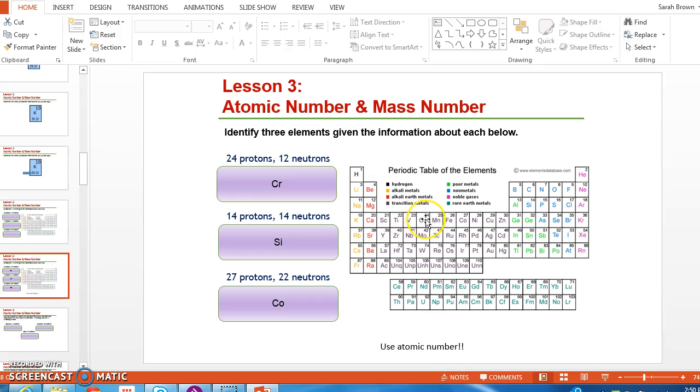You know that because there's a number 24 right here, right above it. 14 protons, you'd find the number 14 on the periodic table. Here it is, Si, or silicon, is right below it. 27 protons and 22 neutrons. It's the protons that matter, so look for the number 27. There it is, cobalt, so Co.